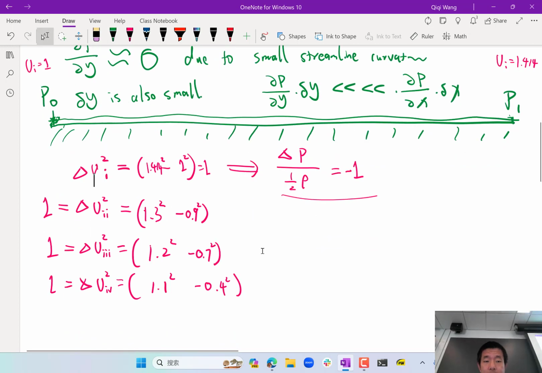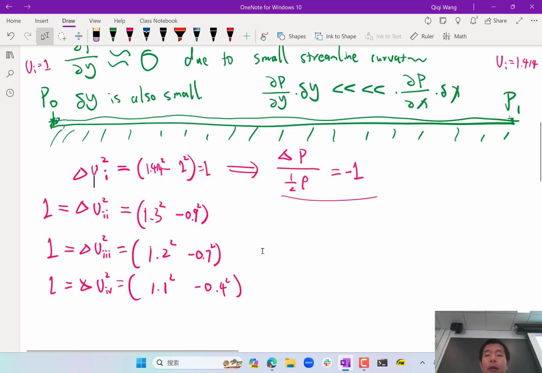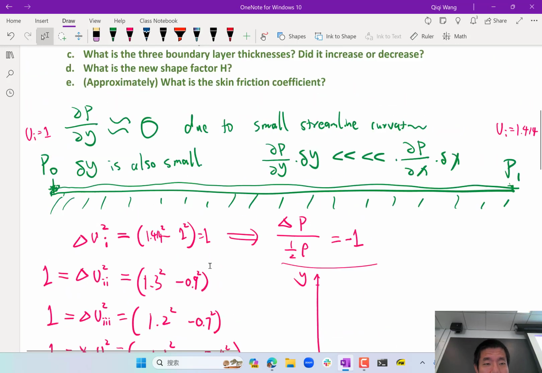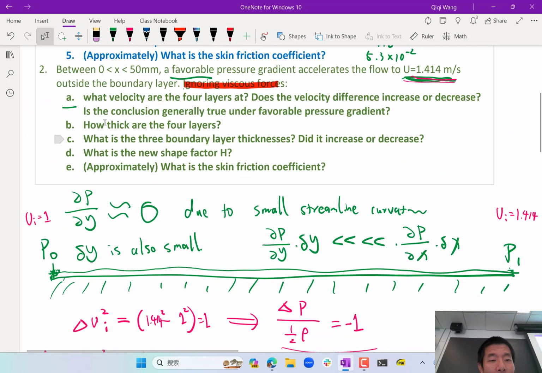All right. So now let's actually draw what the profile has changed. Initially, again, let's say we have y versus u. Before we can draw the profile, we have to answer the second question. How thick are the four layers now?